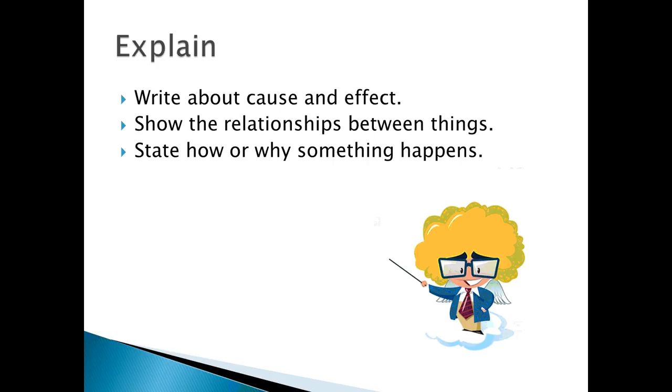An explain essay asks you to write about the cause and effect. You need to show the relationship between different things and state how or why something happens. Again, this is a term that you'll recognise from our alarm matrix. And in explain, we need to say, why does something exist? Why does it matter?